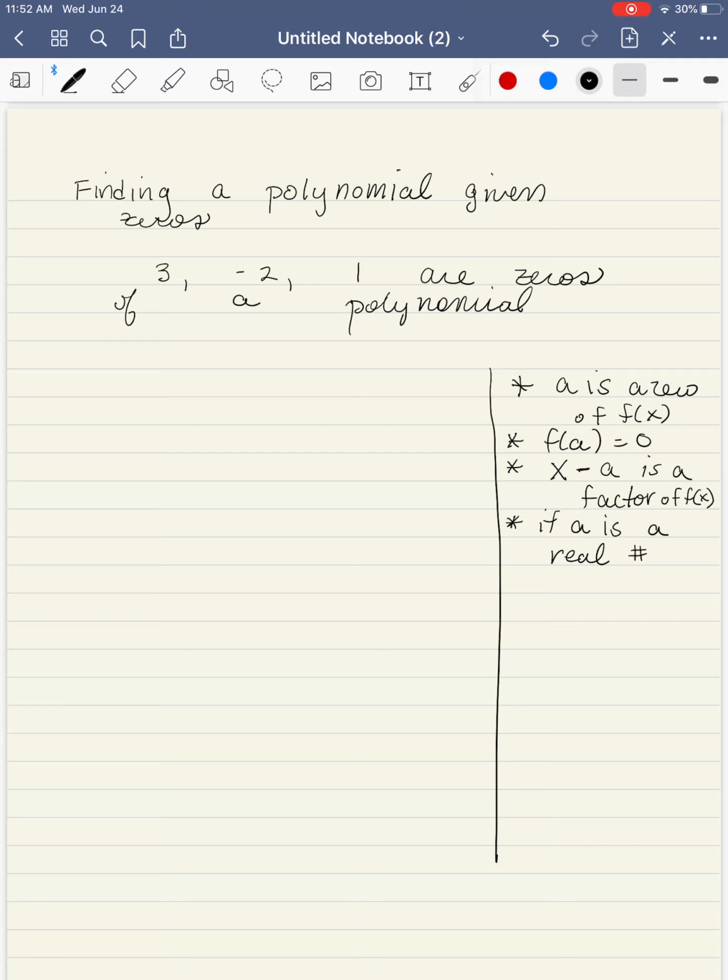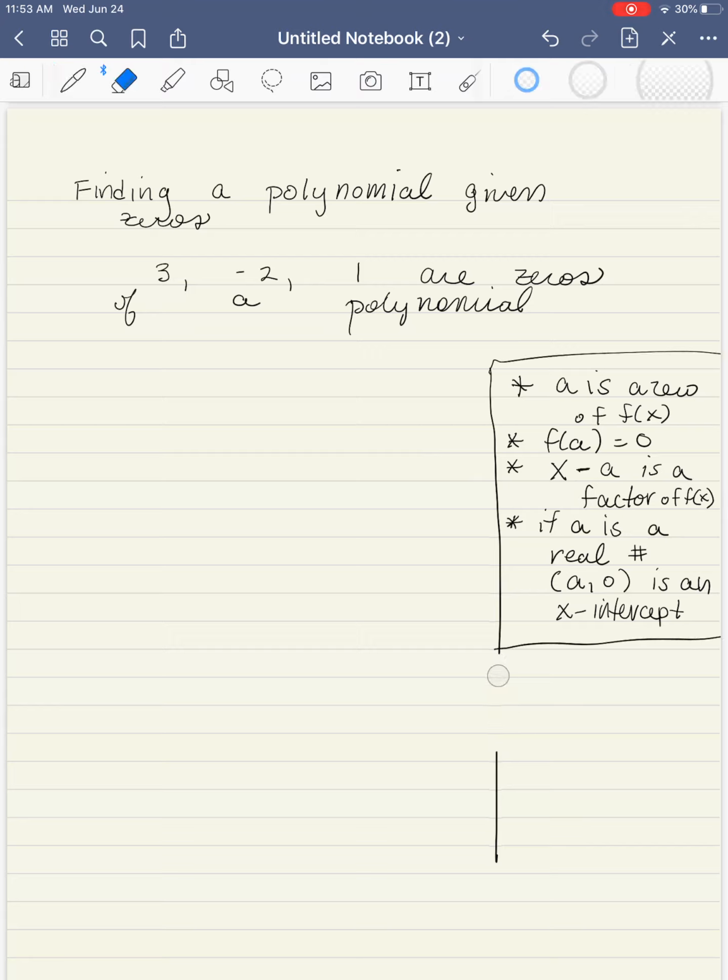And we also know that if a is a real number, it shows up on the real number line. It would show up on a graph as an x-intercept. So if we know one of those things, we know all of those things. So how can we use that to find our polynomial, f of x?